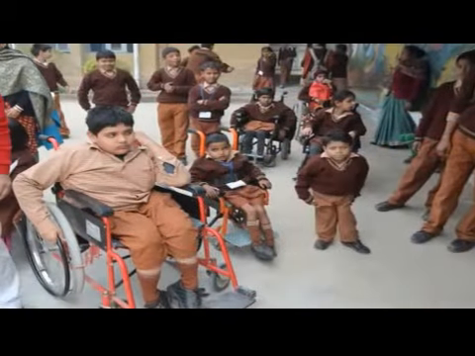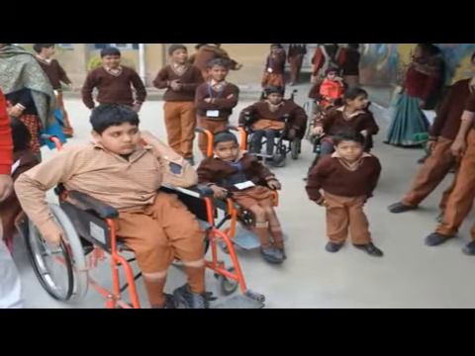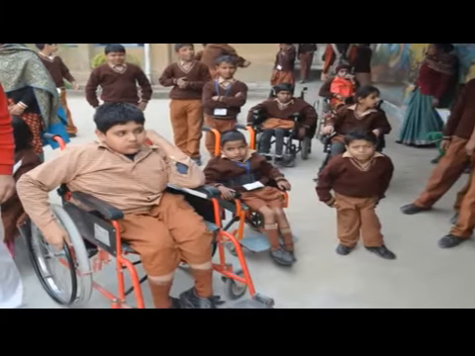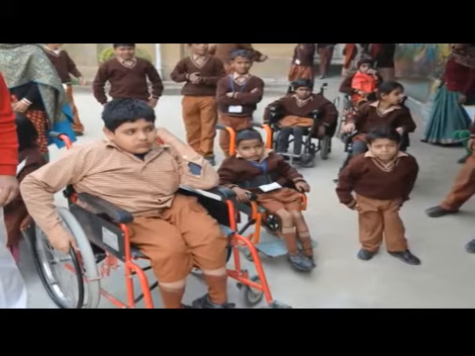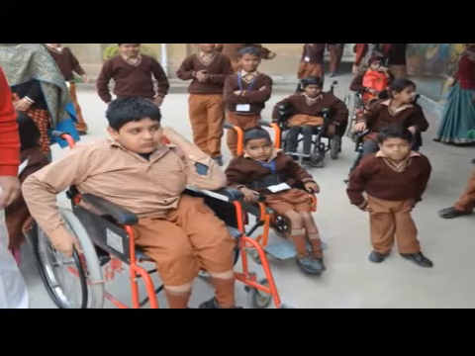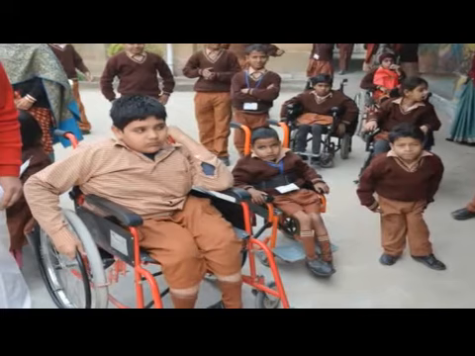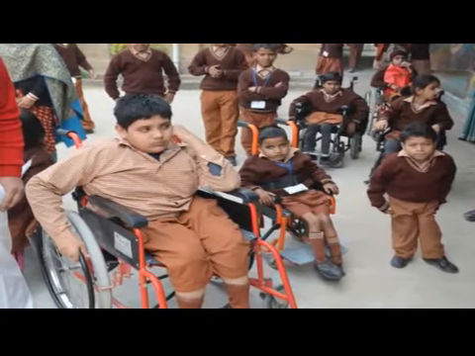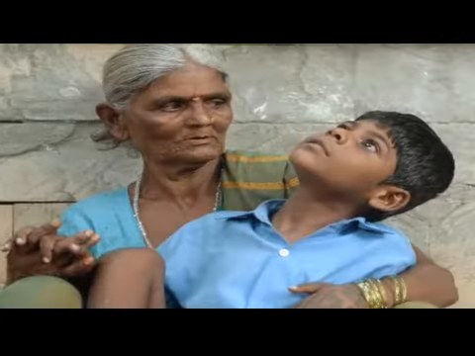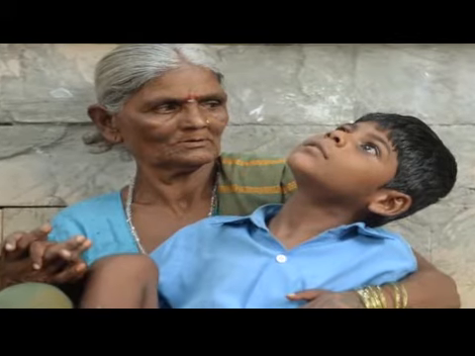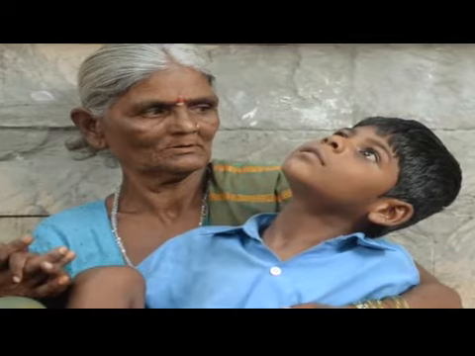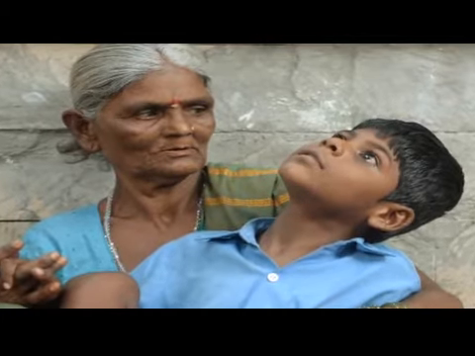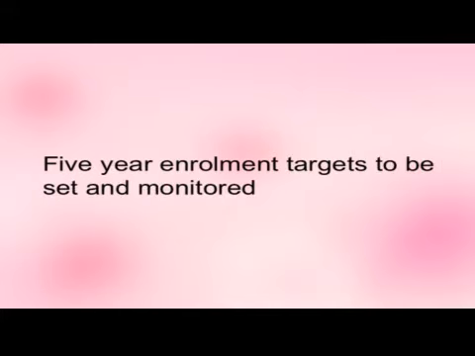The new Asian and Pacific Decade of Disabled Persons 2003 to 2012 has set targets, including at least 75% of children and youth with disability completing primary schooling by 2010. All infants and young children with disability will have received early intervention services with support for their families by 2012. Five-year enrollment targets are to be set and monitored.